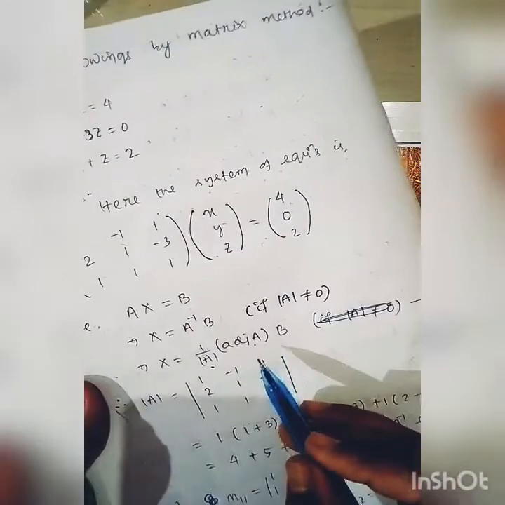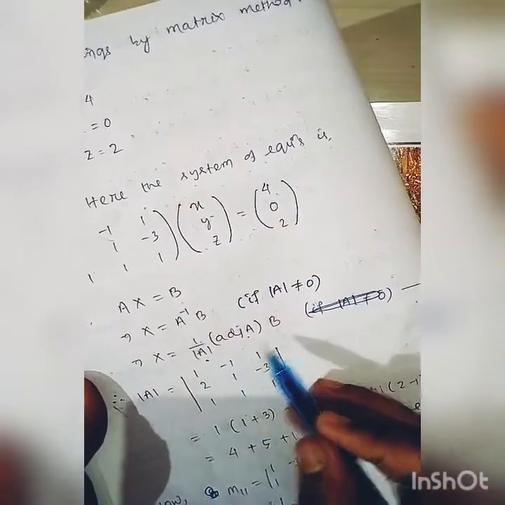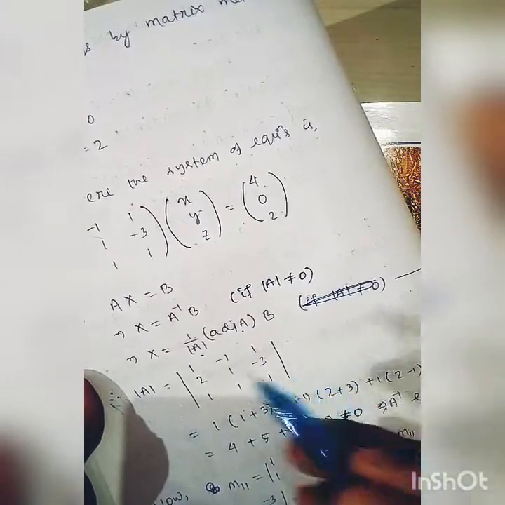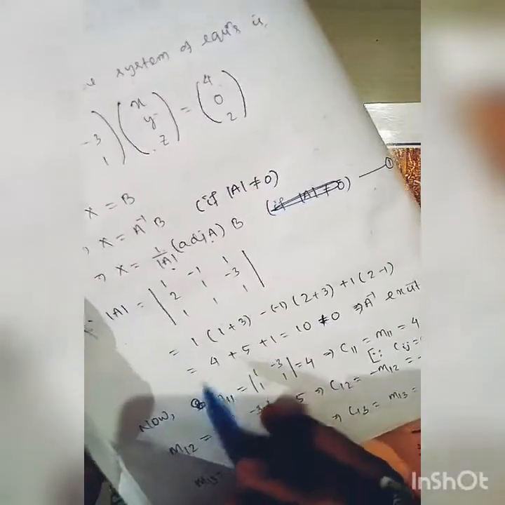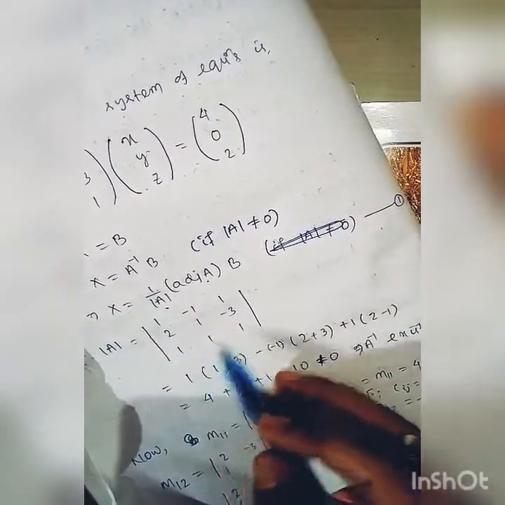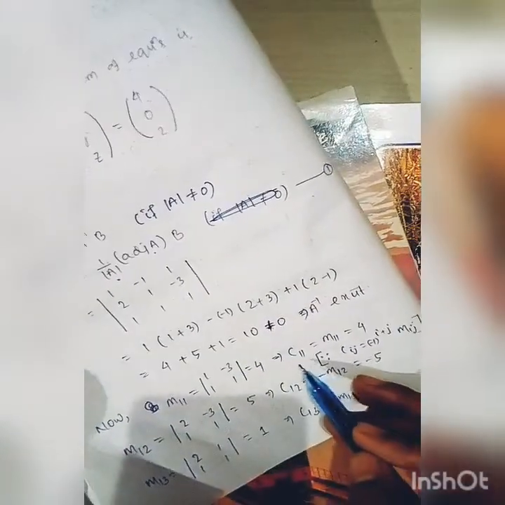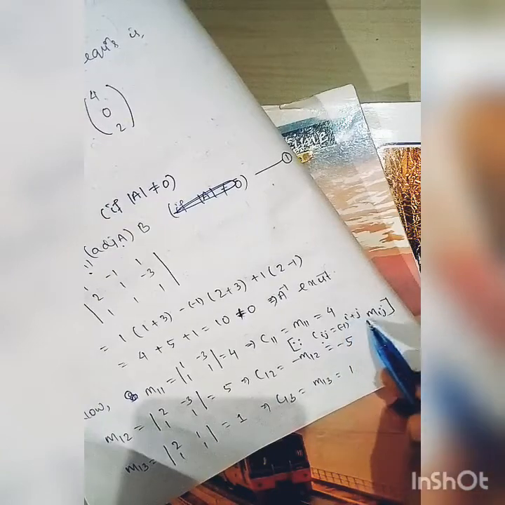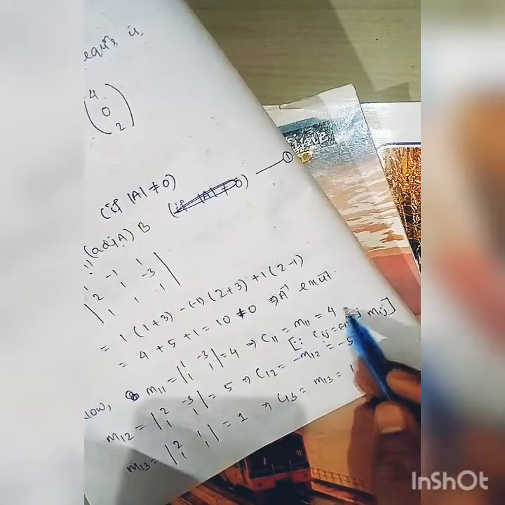Now we have to find adjoint of A. To find adjoint of A, we have to find the cofactors of A. As you know, adjoint of A equal to transpose of cofactor of A. So here M11 is obtained by eliminating the first row and first column, and the determinant of the submatrix is this. So obviously C11 equal to M11, as you know that Cij equal to minus 1 to the power i plus j into Mij, that is C11 equal to M11 equal to 4.